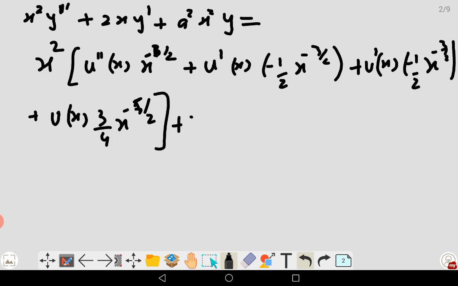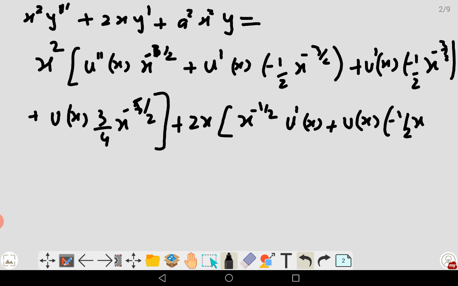And now 2x times y prime. Y prime is x power negative half u prime of x plus u of x negative half x power minus 3 over 2. Finally, a square x square times y.